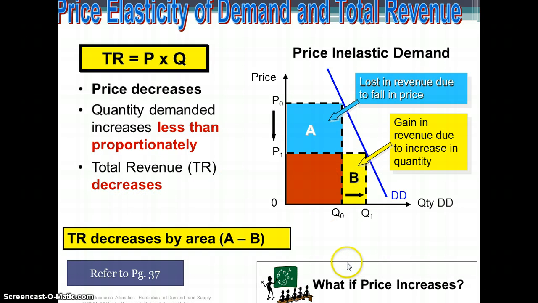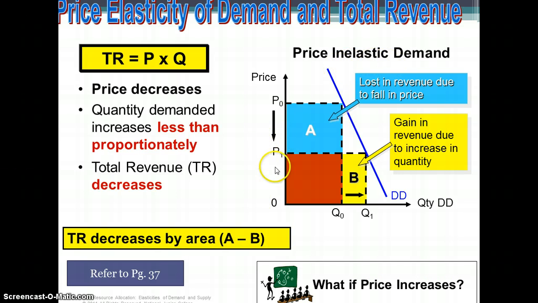What happens to the total revenue if there is an increase in the price? As you can see from the diagram, the total revenue will increase if there is an increase in the price given a price inelastic demand curve. Why?